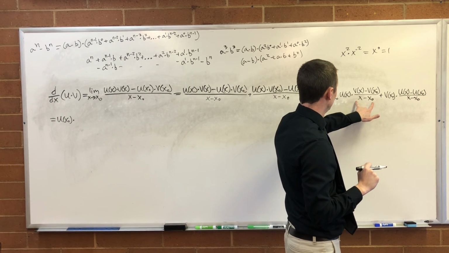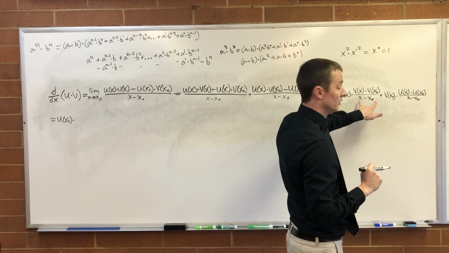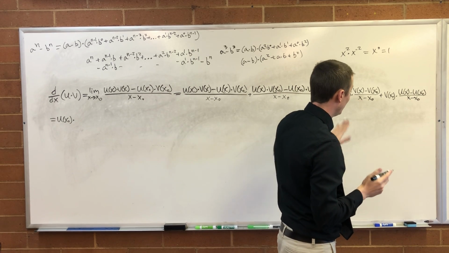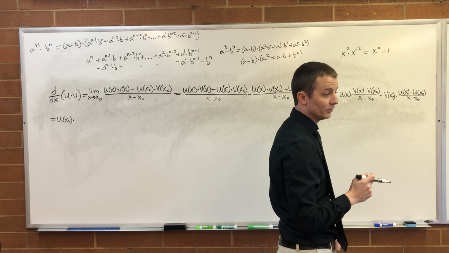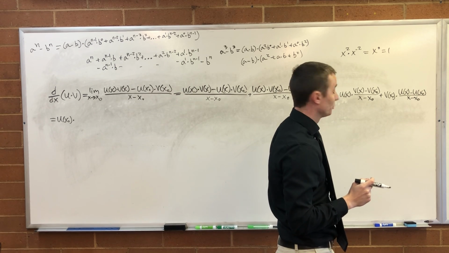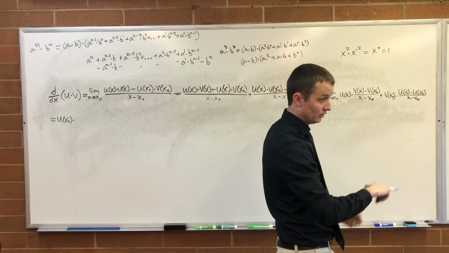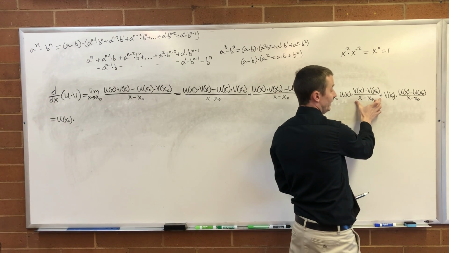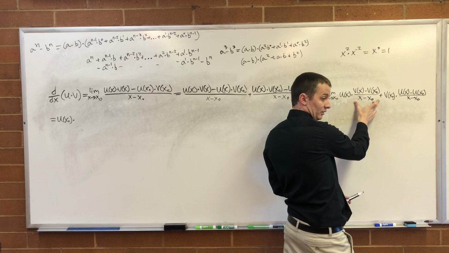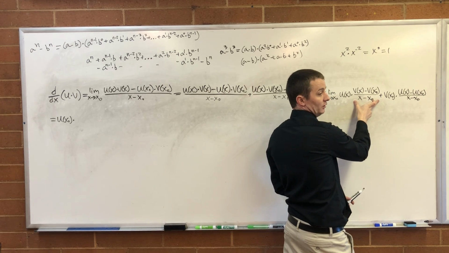But you still have 0 denominators. I do. I still have things going to 0 in my denominator, which is a problem when I'm trying to calculate exactly what the derivative is. Okay. But this right here is the derivative of v, right? Yeah.